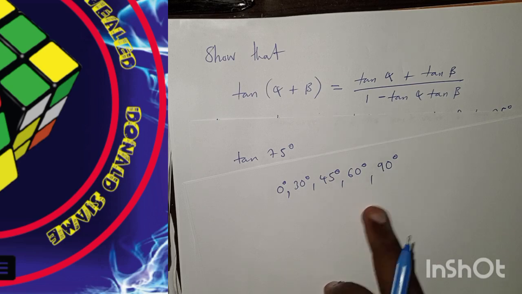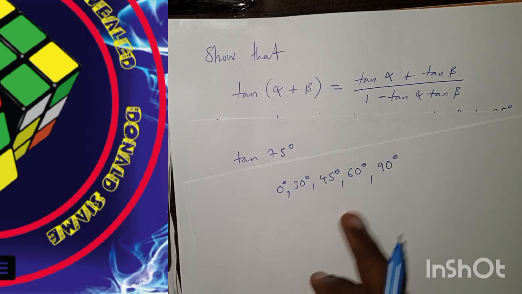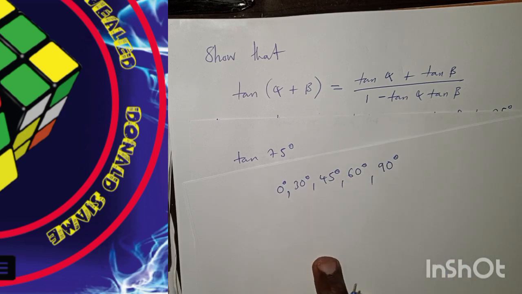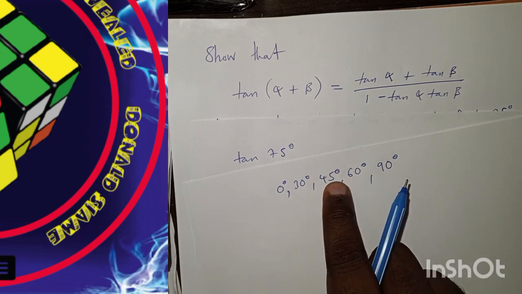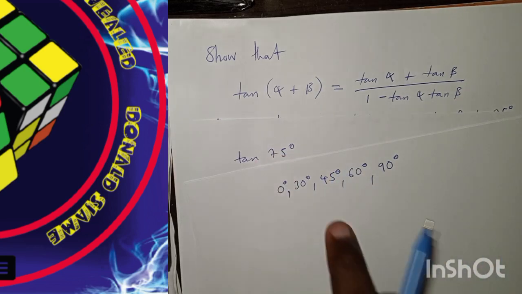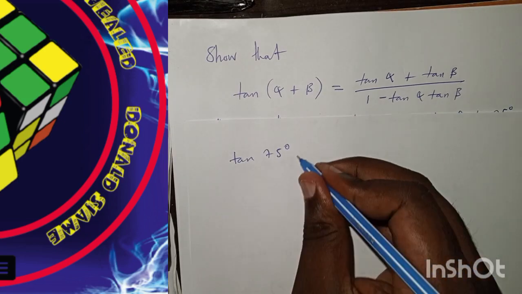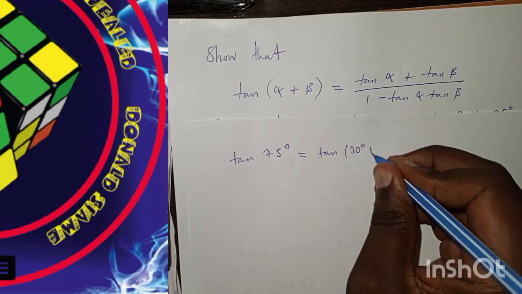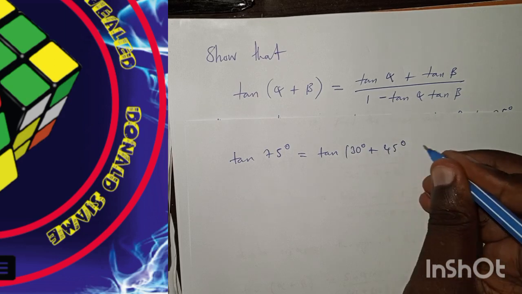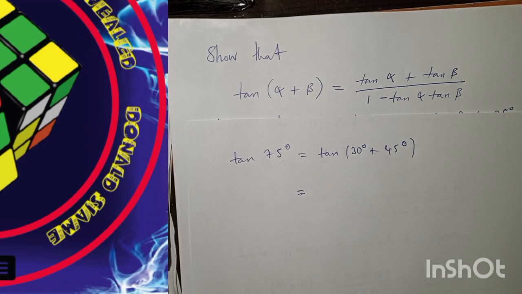So among these, which two can give us 75? The sum of 2, which is going to give us 75. Okay, yes, it's 30. 30 plus 45 is 75. So where there is 75, we put 30 degrees plus 45 degrees. So tan 75 degrees is equal to tan 30 degrees plus 45 degrees. Okay, so now we use the identity.